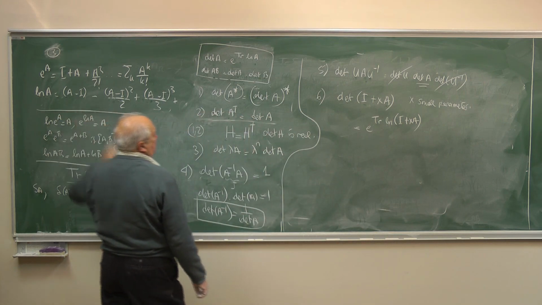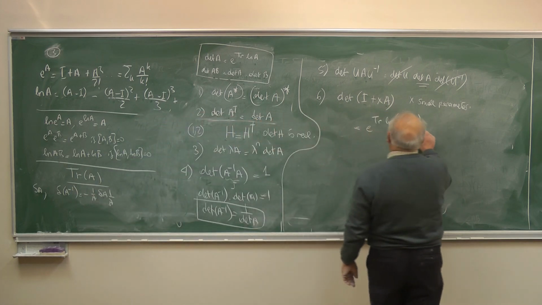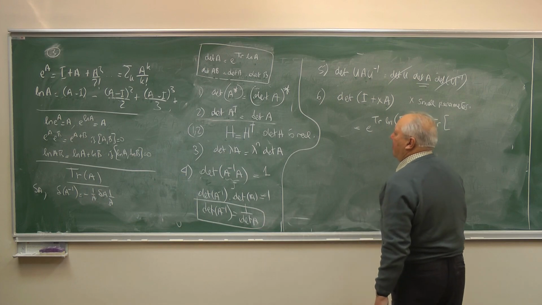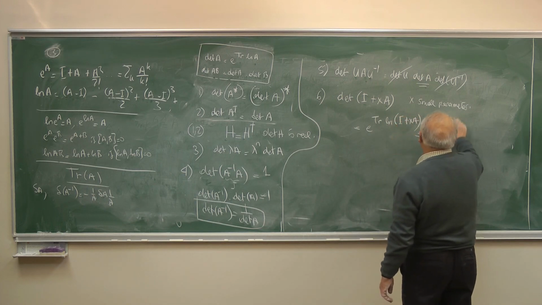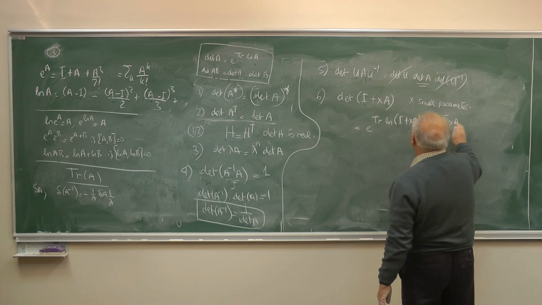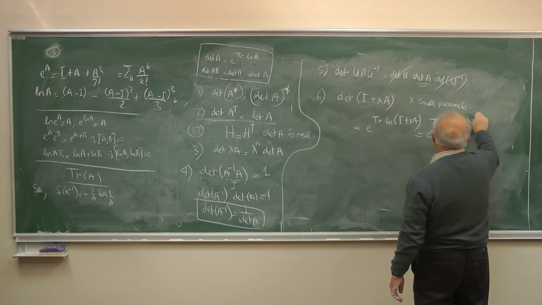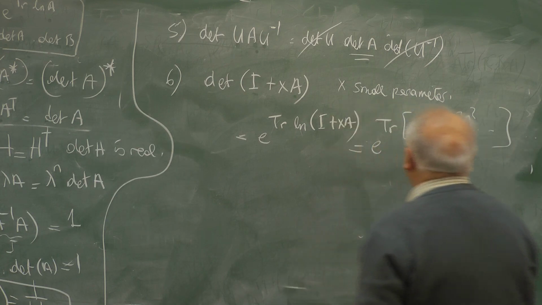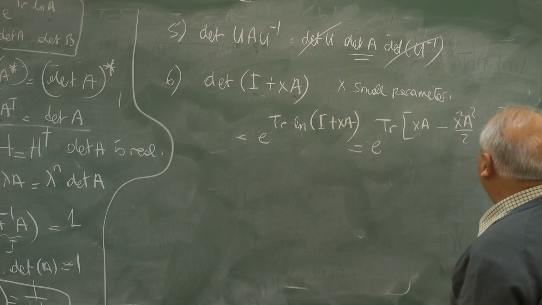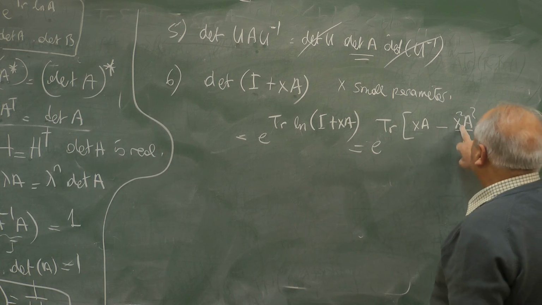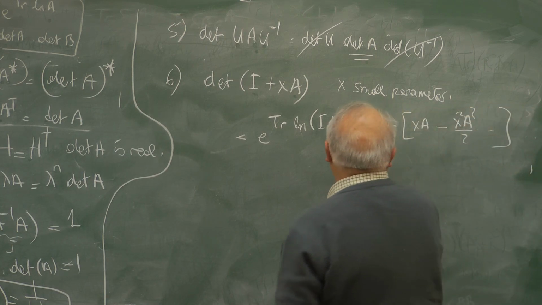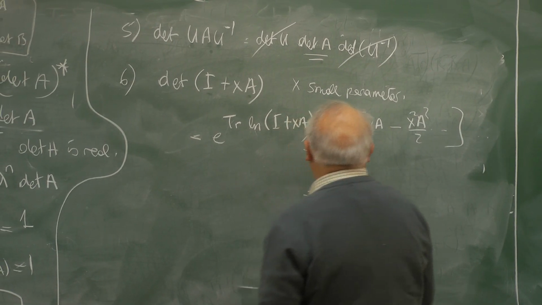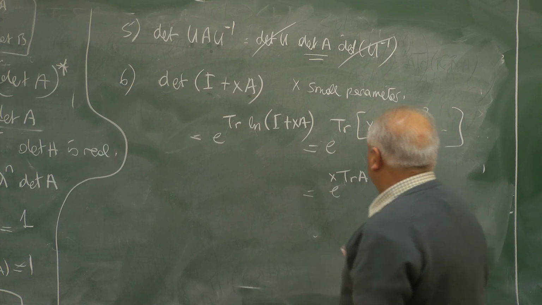I subtract I from it, so it is e to the trace of xA minus x squared A squared over 2, etc. Since I'm going to solve it to first order in x, I ignore x squared, so it is e to the x times trace A, and you simply expand.